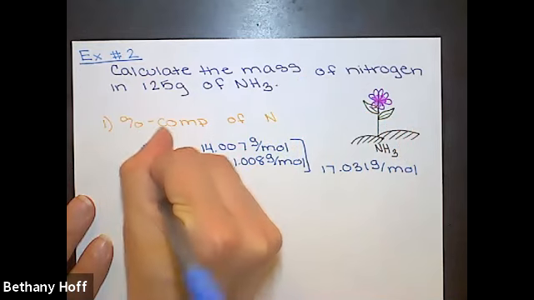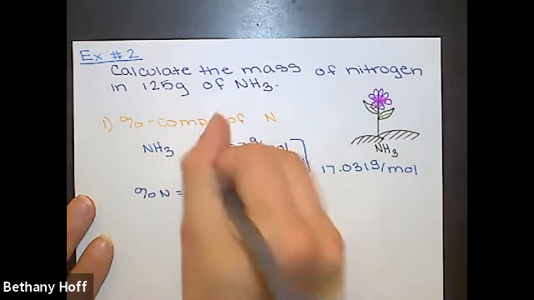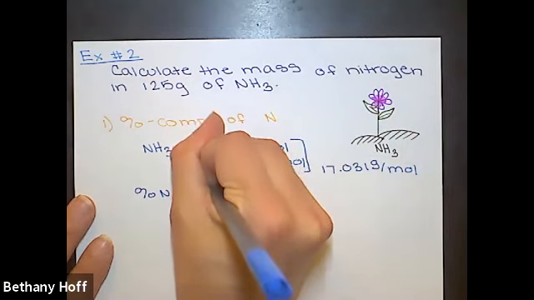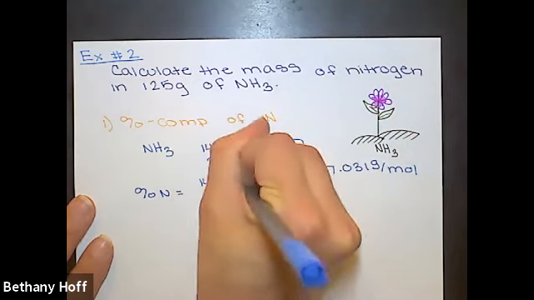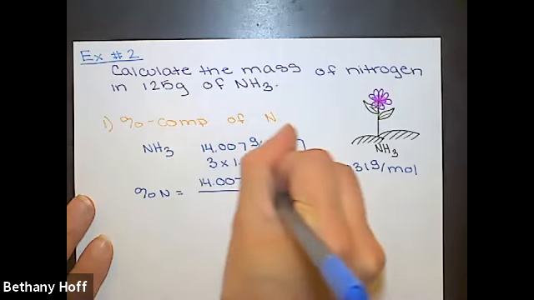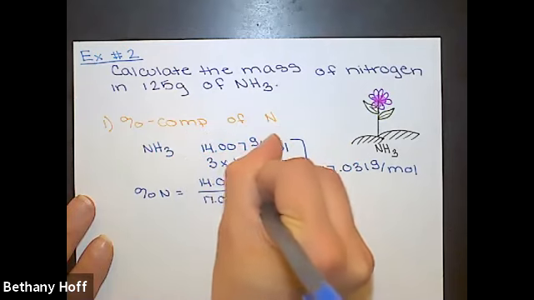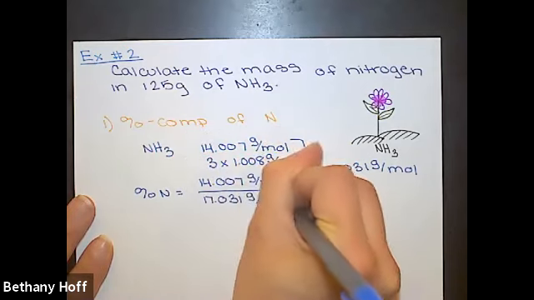Now we only need to find our percent composition of nitrogen. So our percent nitrogen is going to equal the mass of our individual nitrogen, which is 14.007 grams per mole, divided by the molar mass of the entire substance, which is 17.031 grams per mole.